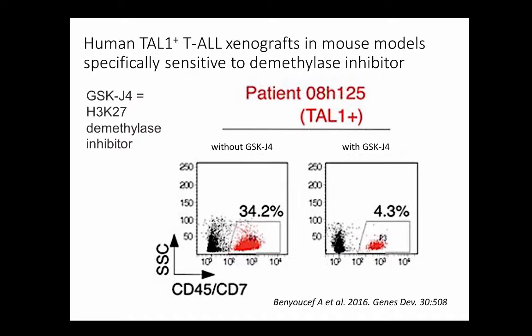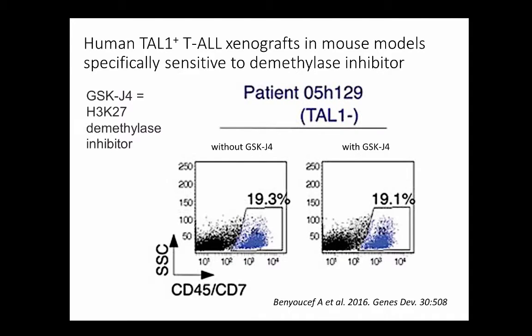So in this experiment, they transplanted primary T-ALL due to tau1 upregulation into mouse models and treated the mice without this inhibitor versus with this inhibitor. And you can see, gating on those transplanted cells, decreased tumor burden by treatment with this demethylase inhibitor.